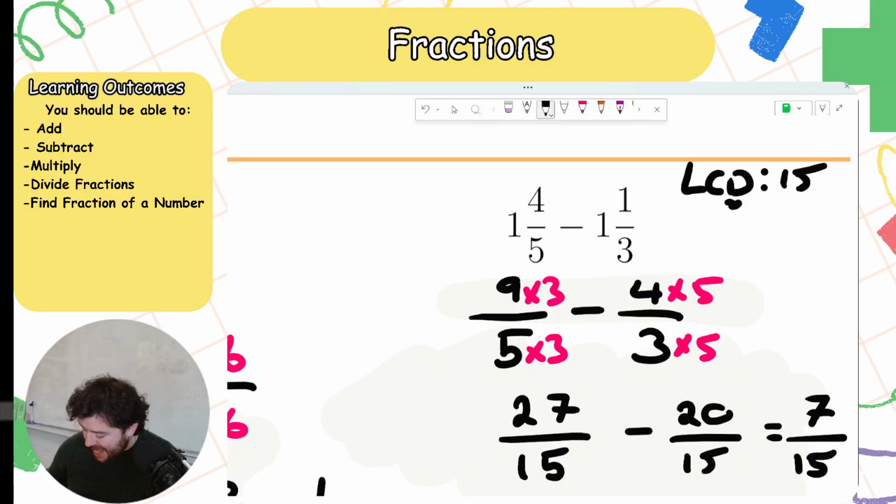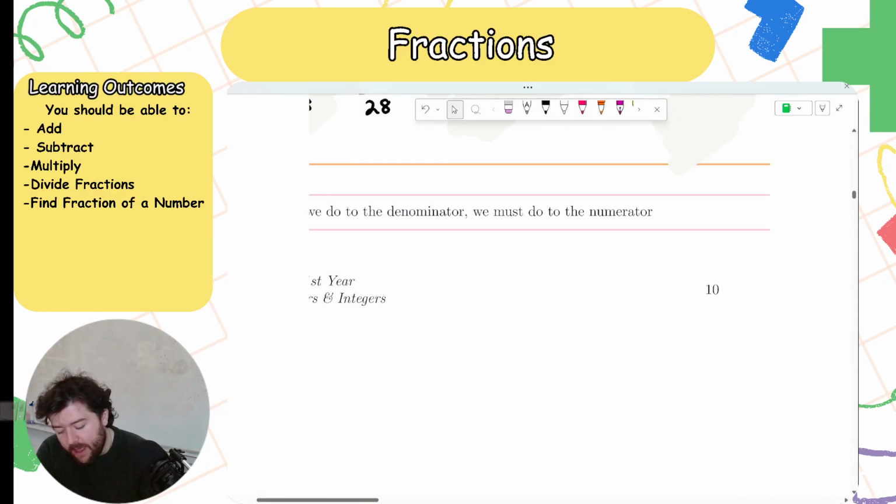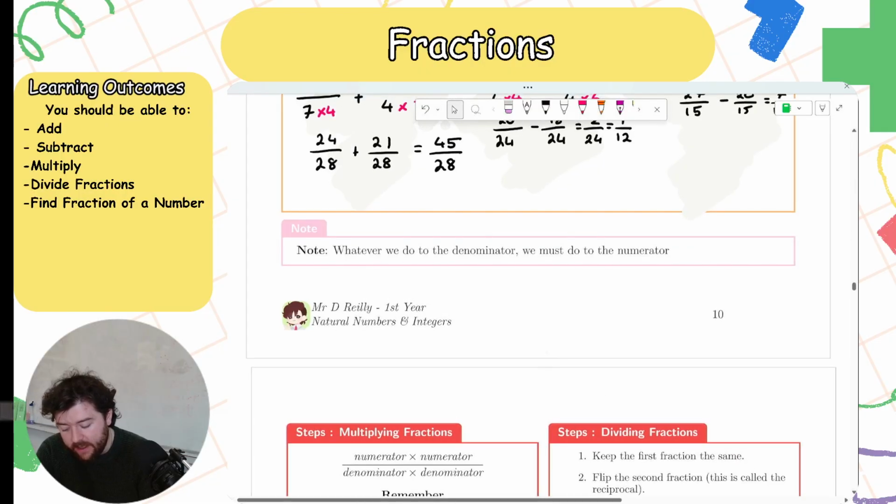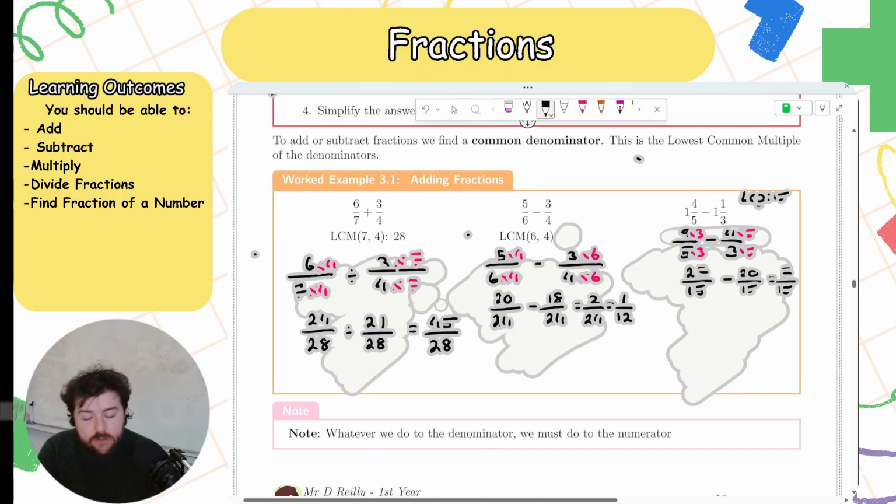That's how we add and subtract. Just remember, whatever we do to the denominator, we have to do to the numerator.